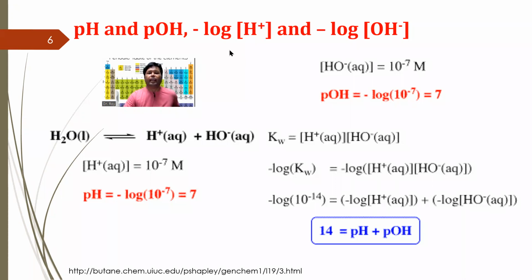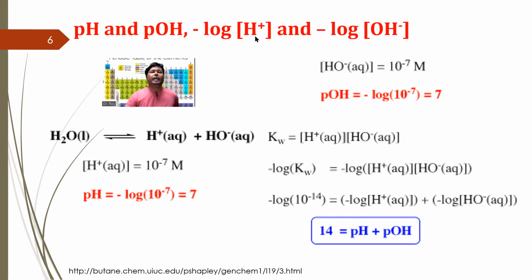If we have a solution, either an acid solution, a base solution, or any compound, and we have the value of the concentration of H plus, then if we take the negative log of it, that is the value of pH.